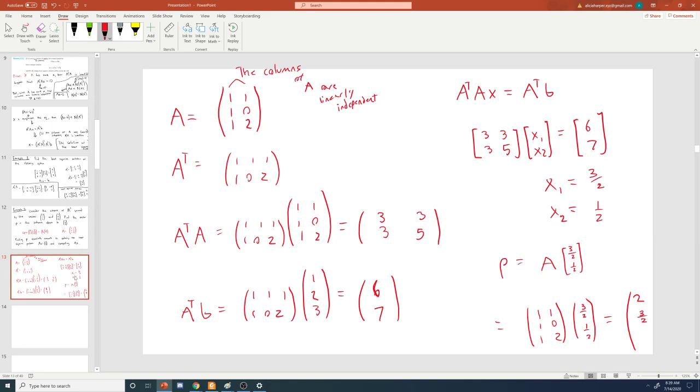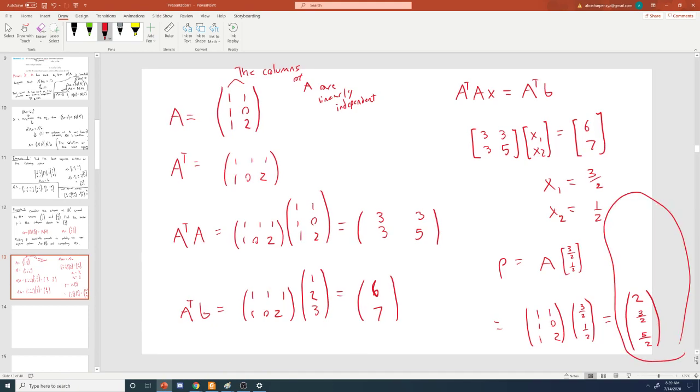And then in the third entry we're going to get 3 over 2 plus 1, so 5 over 2. And so this vector right here is the vector closest to 1, 2, 3 in the column space. All right, so let's do another example.